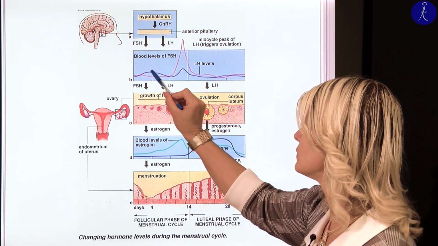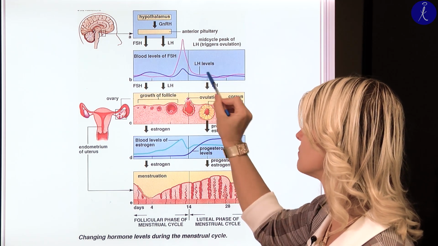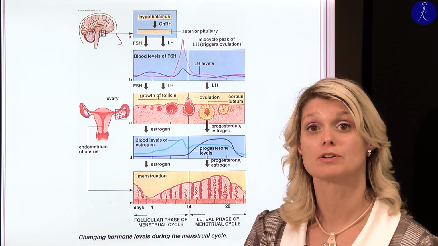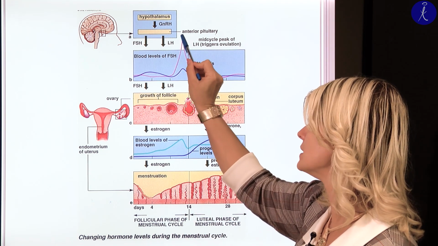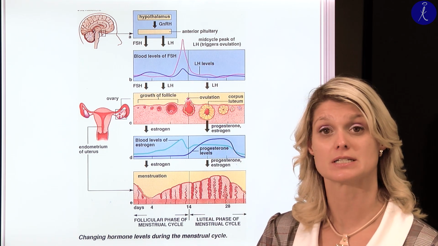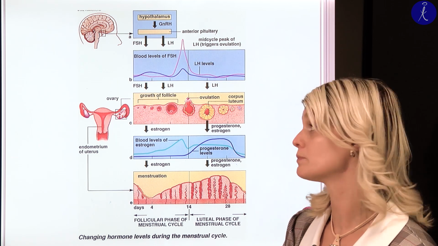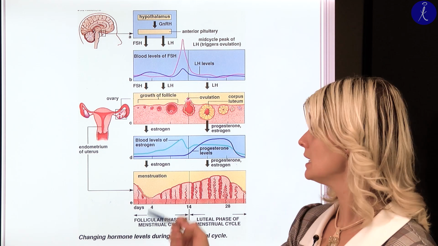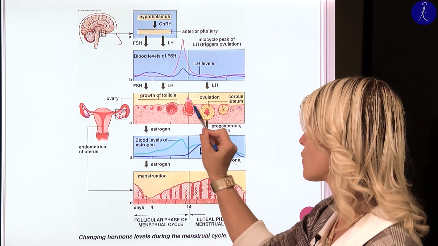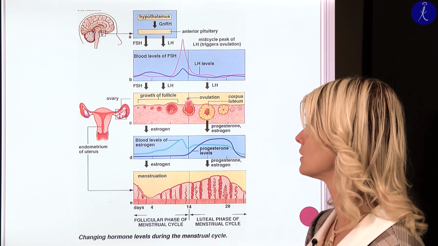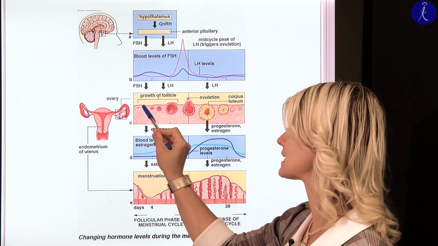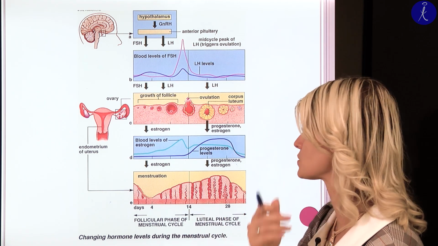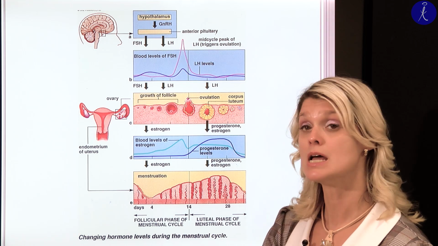And here you can see the hormone level of the LH, which will form a peak a few days before the ovulation. This is the luteinizing hormone, which is important in the stimulation of the ovulation. In this picture, the growing of the follicle is not shown correctly, because it shows only one menstrual cycle.